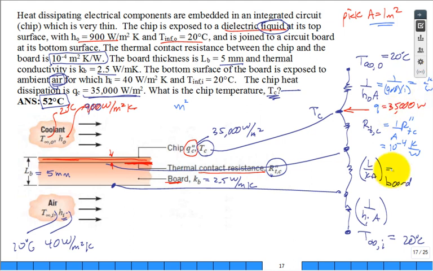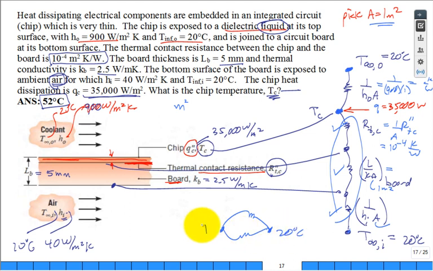L over kA, I have to get that. Remember the A is 1 meter squared. Same here, 1 meter squared. I have these three. Are they in series? Yes. Add them up. And then I look at it. This one goes to 20. That one goes to 20. It's as if both of them are 20 degrees C to the unknown temperature.